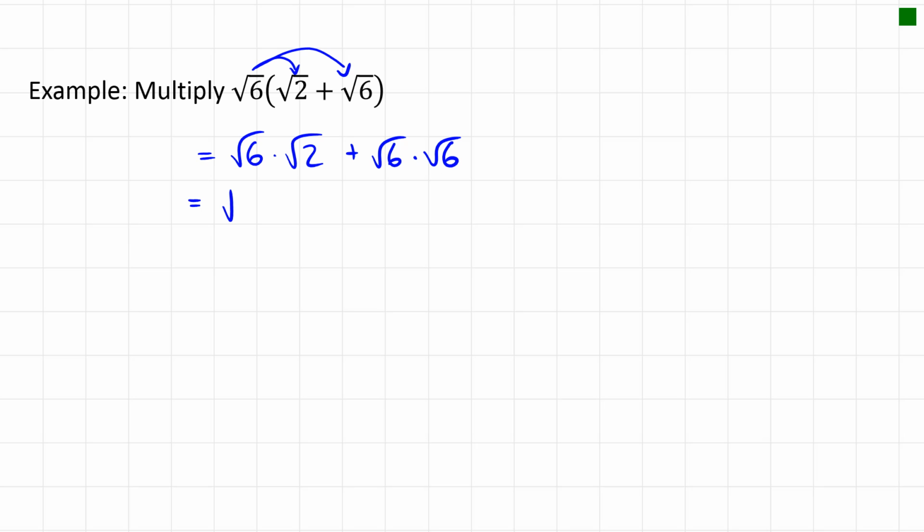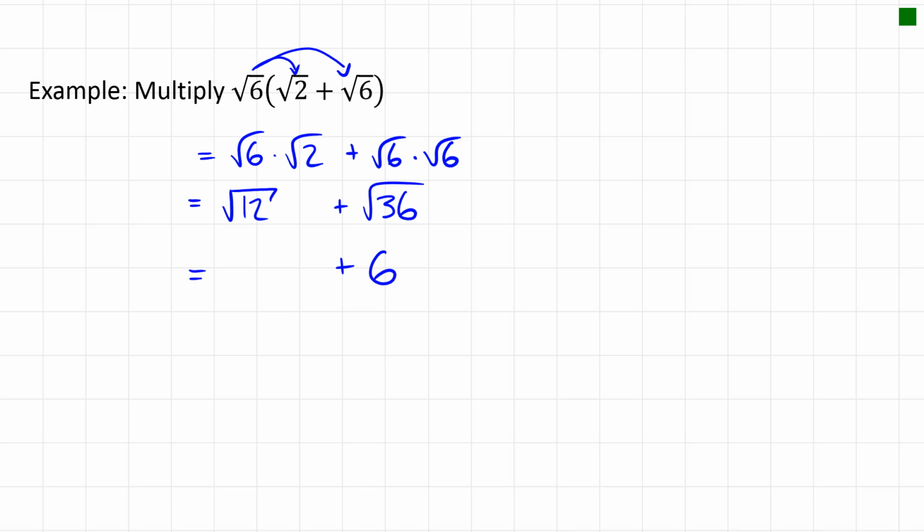Well, the square root of 6 times the square root of 2 is just the square root of 12, because that's 6 times 2. And the square root of 6 times the square root of 6 is the square root of 36. Now, 36 is a perfect square, so we can simplify this square root of 36 to just 6.